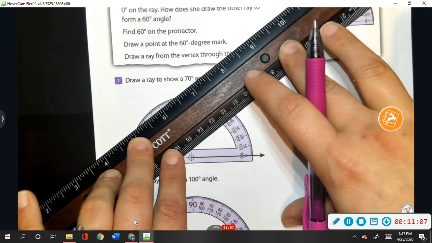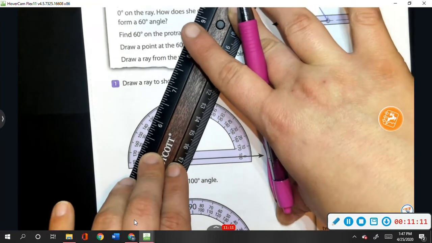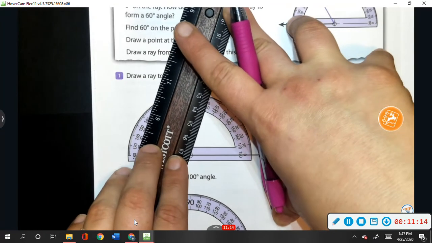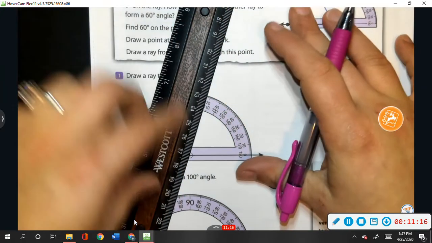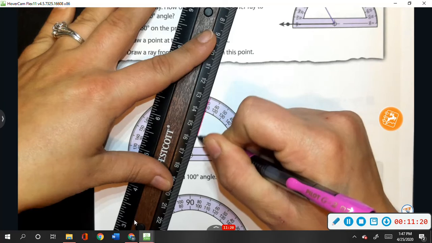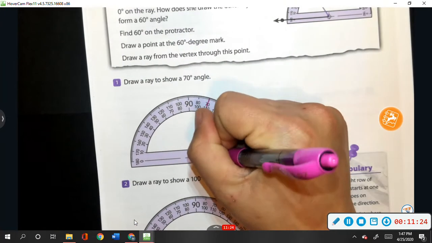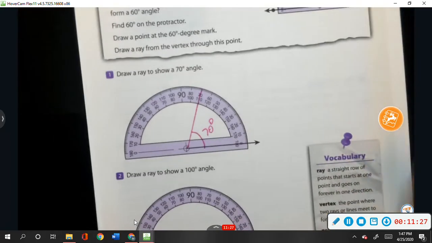We want 70 degrees. So we keep turning and turning until we reach that 70-degree mark. And then we're going to draw our ray right there. This would be a 70-degree angle.